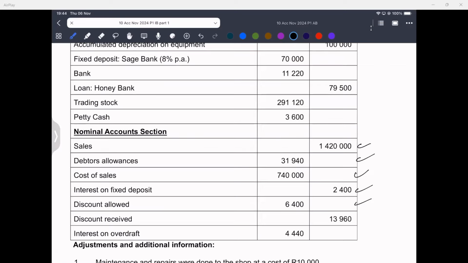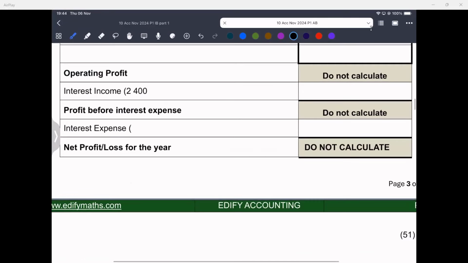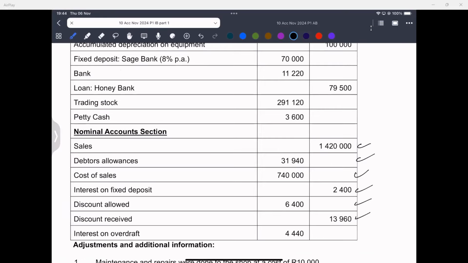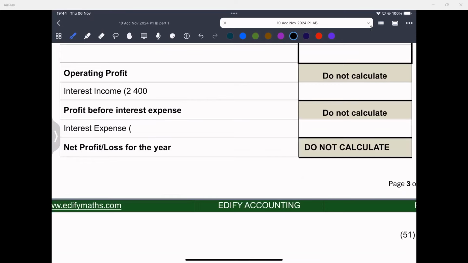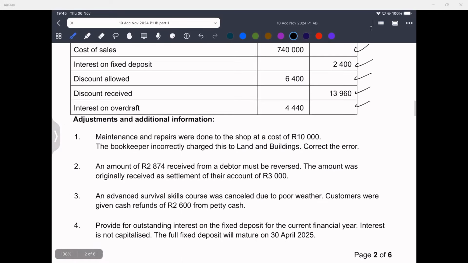Let me just confirm if that is correct. Well, it is correct. And then we've got interest on overdraft. Interest on overdraft, that will be your interest expense, and it amounts to 4,440 rand. Okay, so that is also recorded. Now I'm done with pretty much everything. I've recorded everything in the pre-adjustment trial balance.